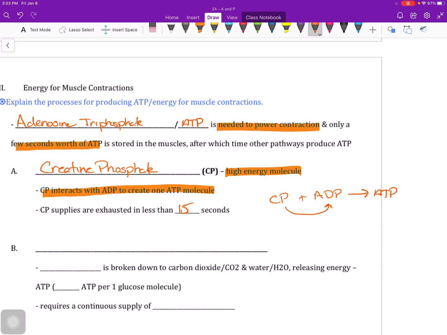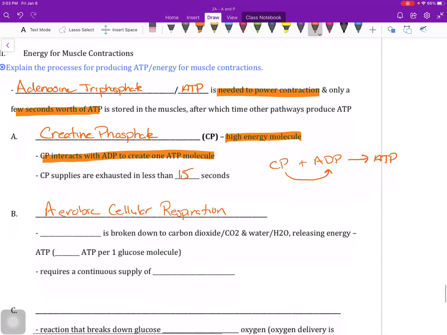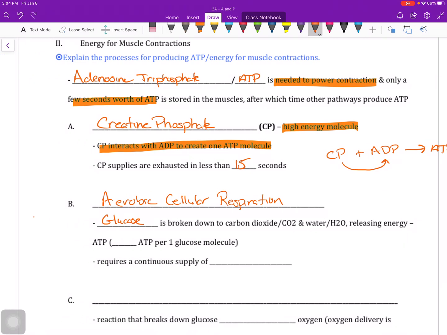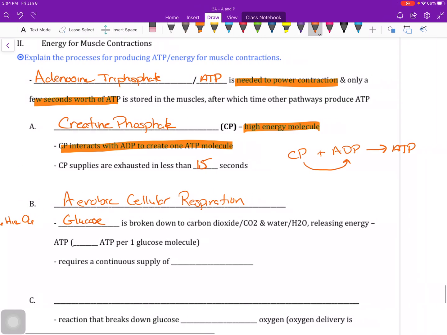After that, we get into where the lion's share of the ATP is going to come from, and that's going to be from aerobic cellular respiration, or cellular respiration in the presence of oxygen. All right. Here you have glucose, or as we know the chemical formula, C6H12O6, is broken down into carbon dioxide and water.